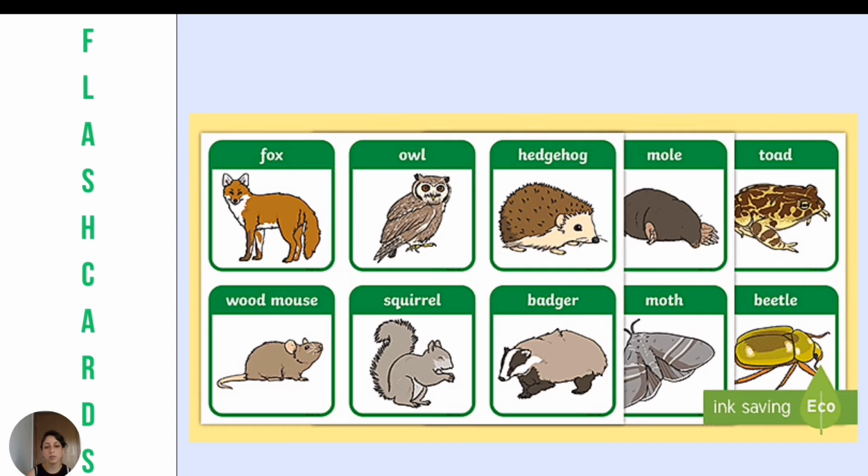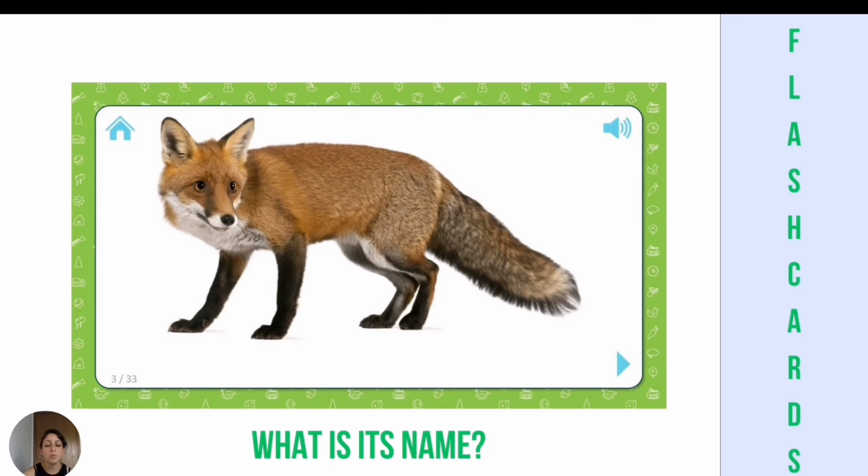One advantage of the flashcards is that they have visual aids, and each student can observe the photo and practice as many times as they want. One example will be to observe and then remember the name of this animal. In this case, it is a fox.